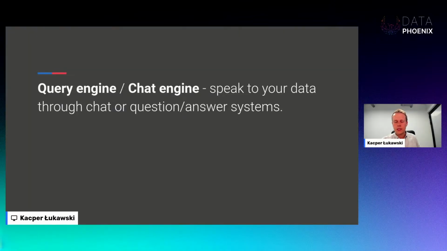An interesting piece, which has no one-to-one counterpart in LangChain, is the query engine or chat engine that allows you to speak to your data in a chat-like or query-like manner.